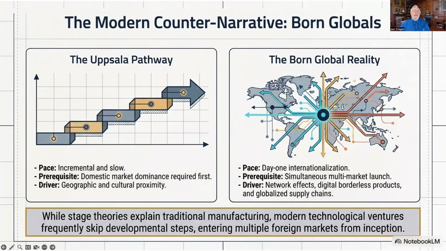And this is again that Uppsala pathway that we talked about, and it's very deliberate. It can be slow and incremental, but it's very effective. However, things in the world have changed, and therefore technology has enabled a born global reality, meaning that while stage theories explain traditional manufacturing, modern technology ventures frequently skip the developmental stages, entering multiple foreign markets from inception.